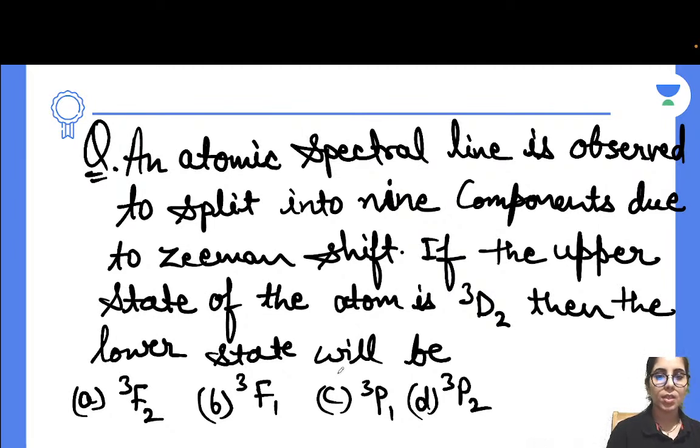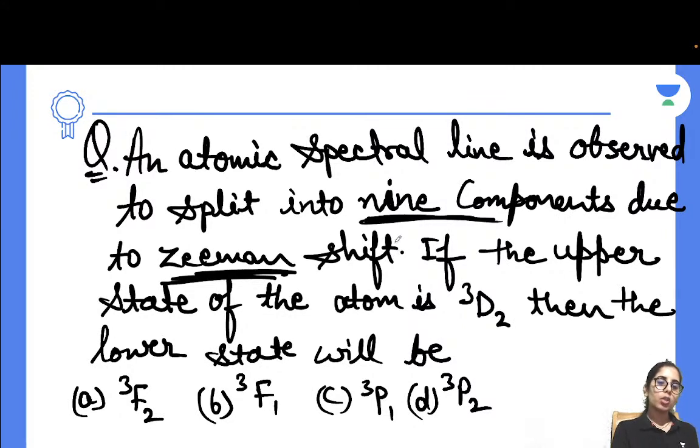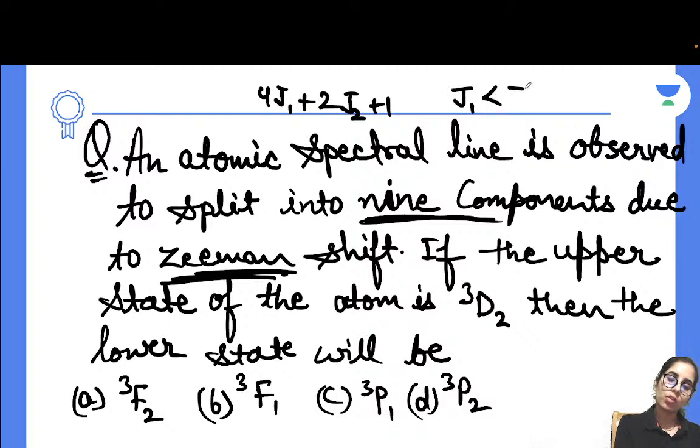Okay, Sakshi, let's consider it. An atomic spectral line is observed to split into 9 components due to Zeeman shift. Now, this part is very important. You need to know how to consider the number of components or the shifts. There is a formula, 2J1 plus 2J2 plus 1, where J1 should be less than J2 for the Zeeman effect.